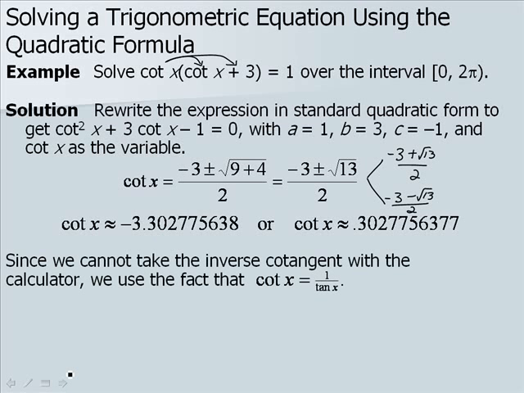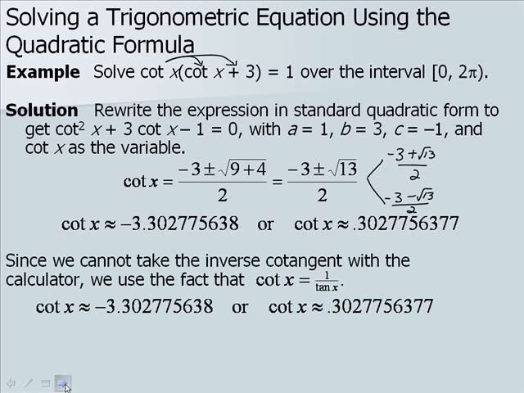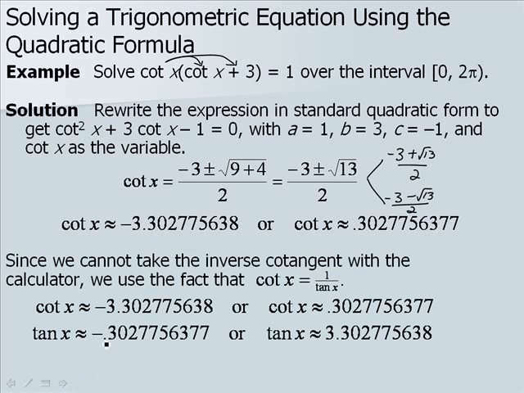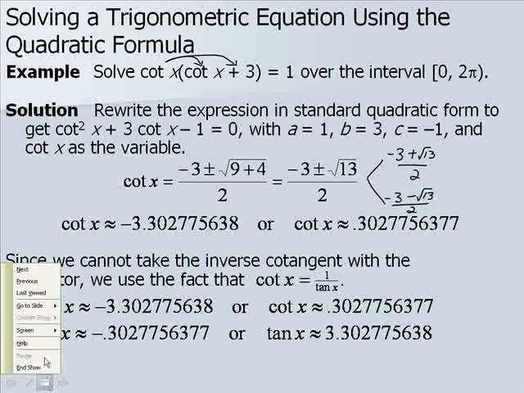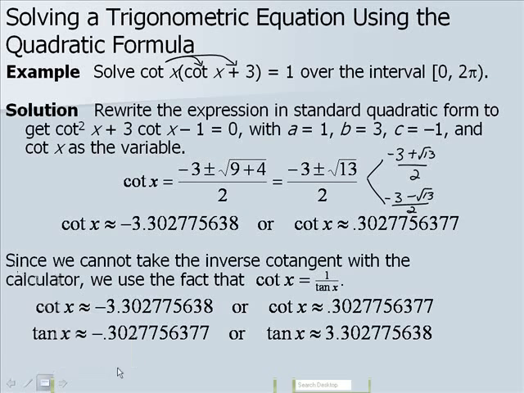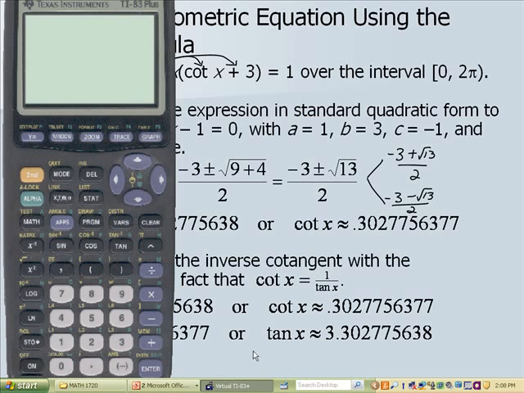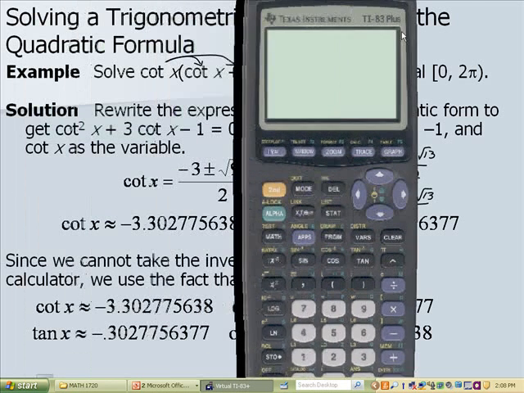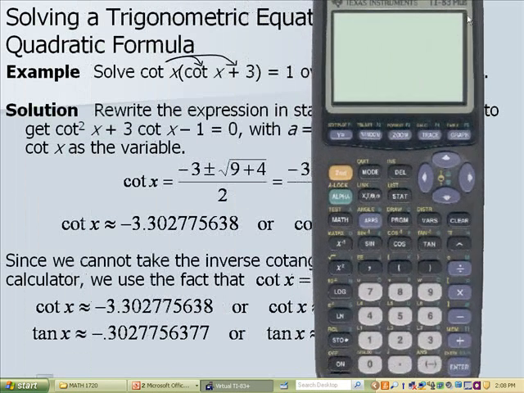Now, since we cannot take the inverse cotangent with the calculator, we use the fact that the cotangent of x is equal to 1 over tangent of x. So what we do is we say that tangent of x is 1 over our value for cotangent. So let me just do one of them so that we see. We originally started with cotangent of x was negative 3.302775638.